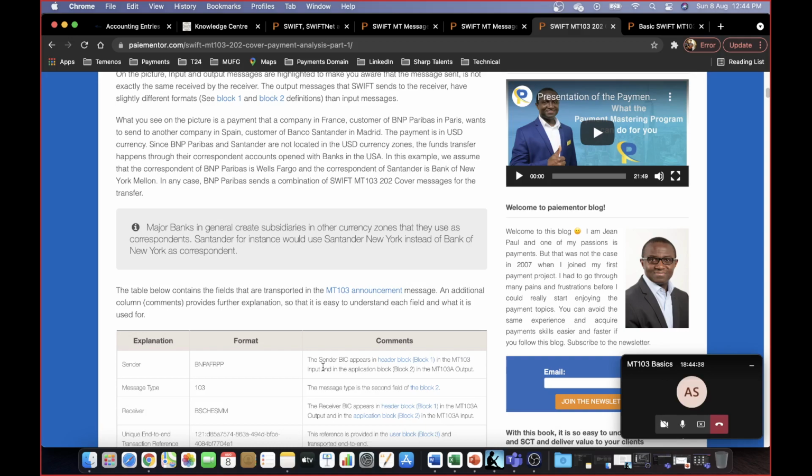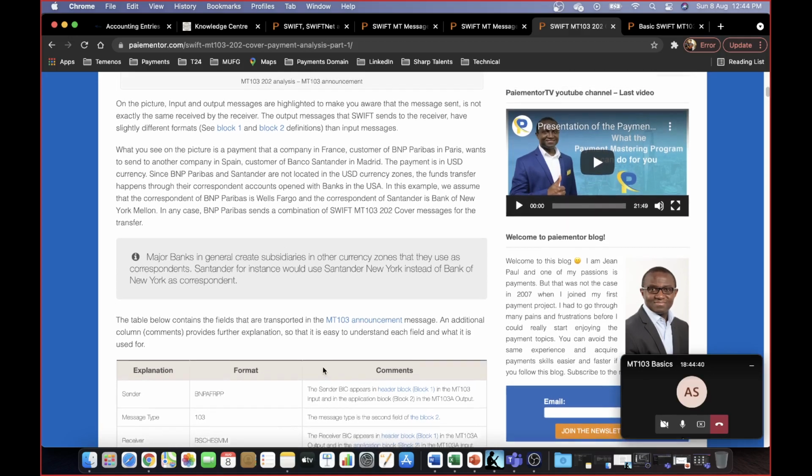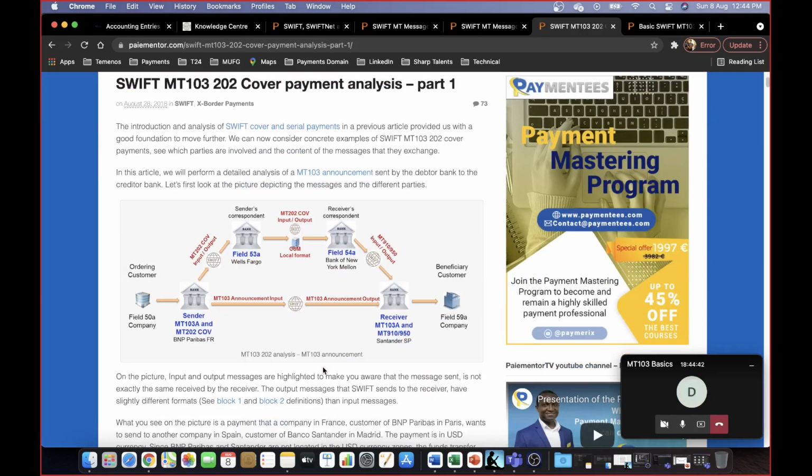Can I ask a question, please? Yes, sure. I wanted to know this MT103 announcement you were talking about. How is it different from the normal MT103 a bank sends to another bank sending a payment? An MT103 announcement will have tags 55, 54, and 53.